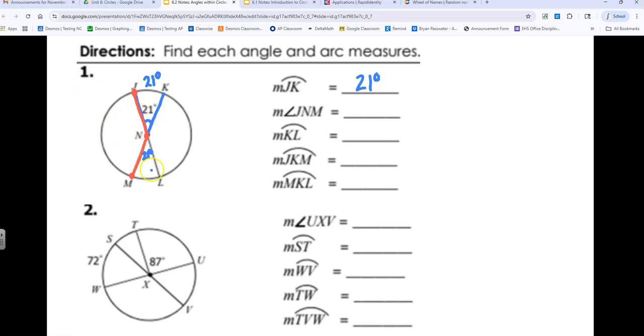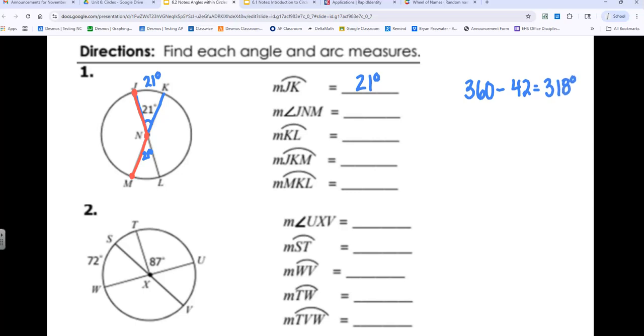So if that's 21 and that's 21, Carson's saying you took 360 and you subtracted 42, right? Because 21 plus 21 gives you 42. And then that gives you 318.